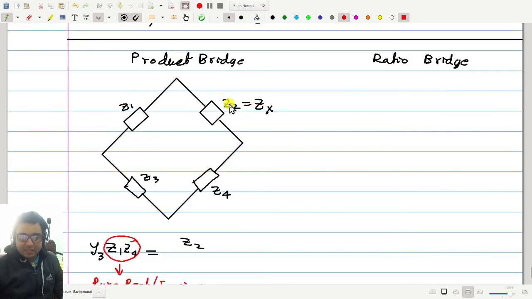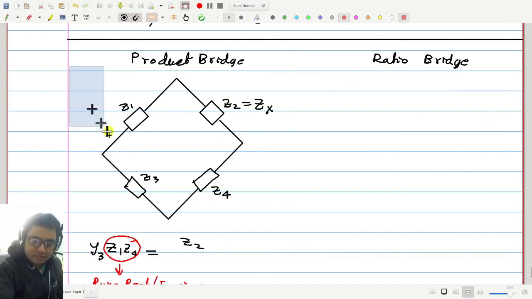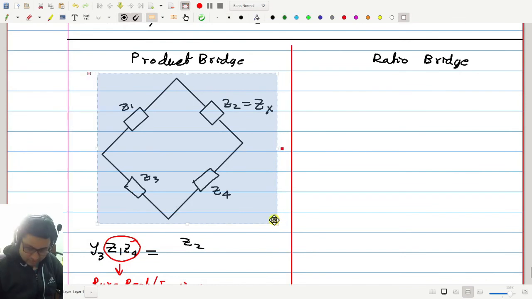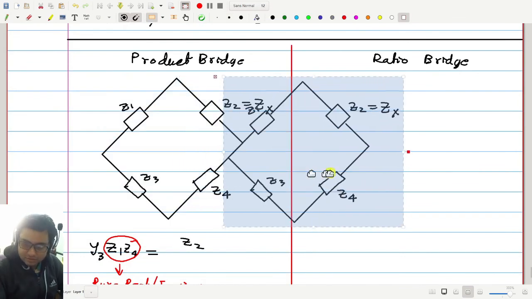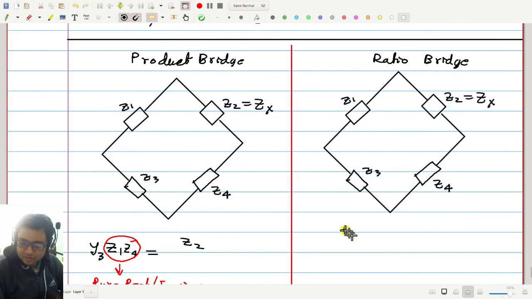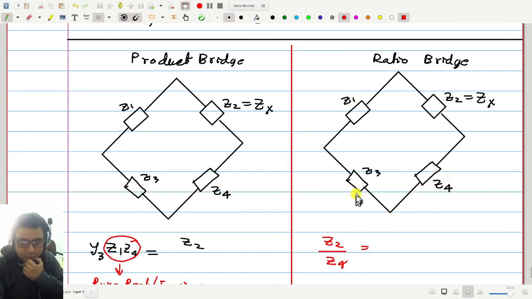In the same way, let us talk about the ratio bridge. What is a ratio bridge? The balance equation is like this: let me write Z2 by Z4 is equal to Z1 by Z3. Always the ratio of adjacent arms is the same.